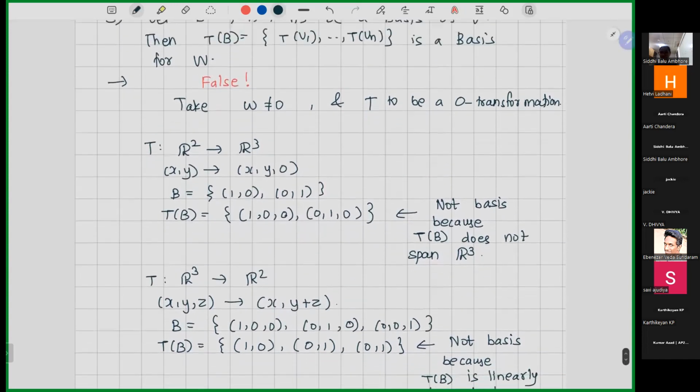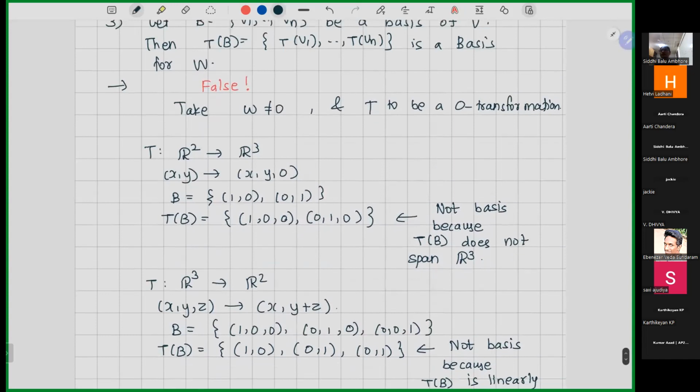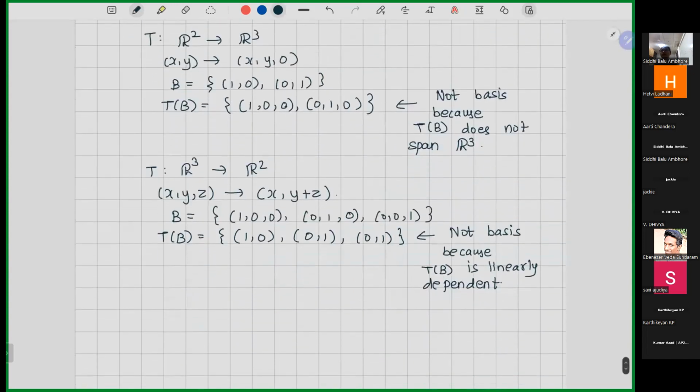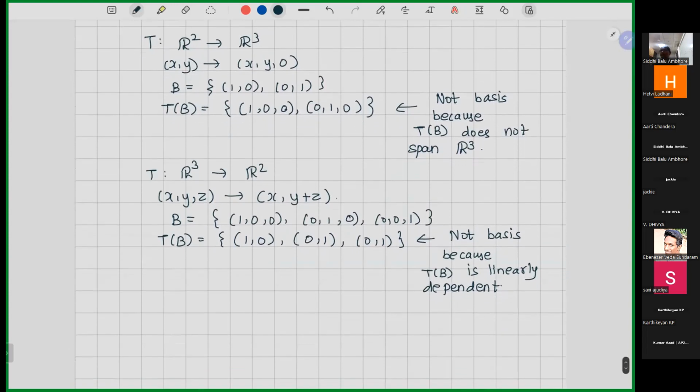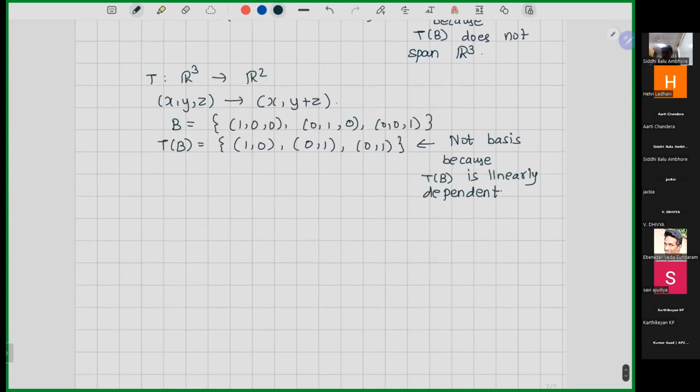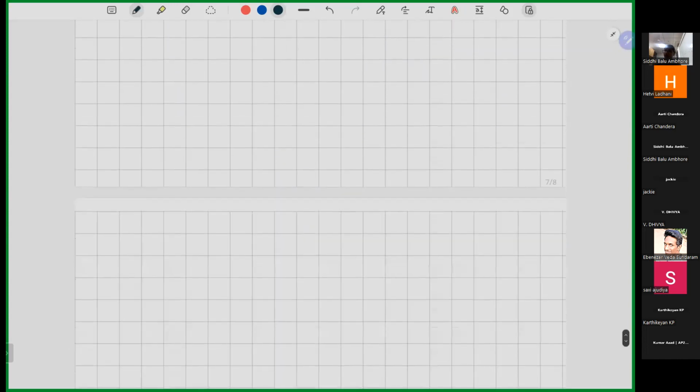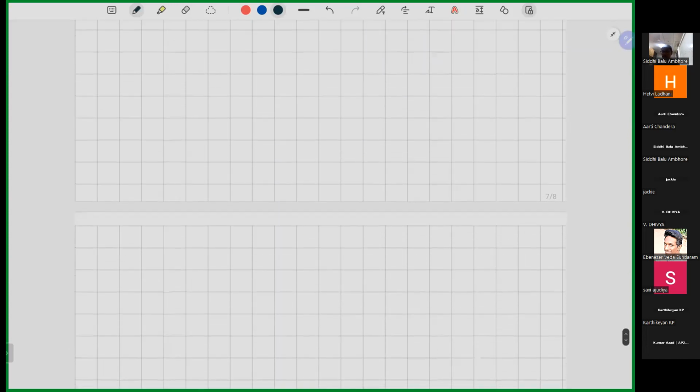Please let me know. I will clear it. Just look at this example. Any doubt, please let me know. Okay, no response, so I assume you all understood. Let us move to the next question.